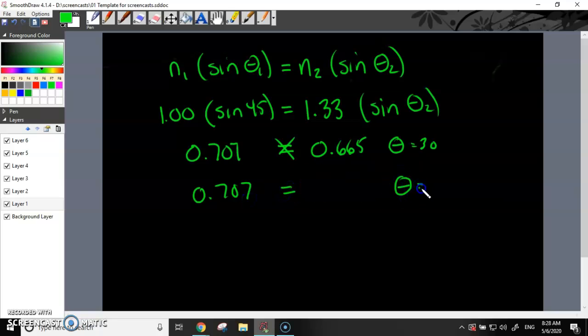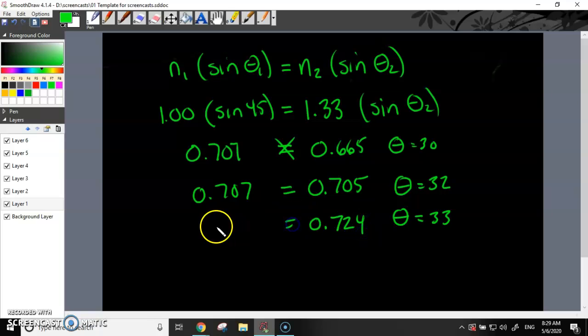Now, if I go with theta equals 32, with our better estimate, 1.33 times the sine of 32 degrees, I get 0.705, which is much closer. And then the same thing if we round up too far on the other side, even if I go with 33, 1.33 times the sine of 33, I get 0.724, which again does not equal.